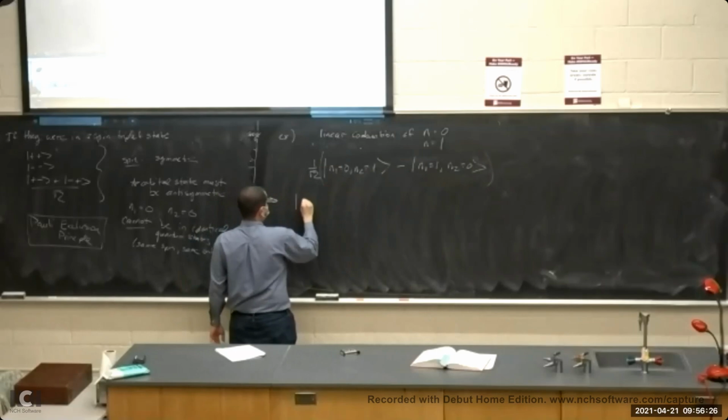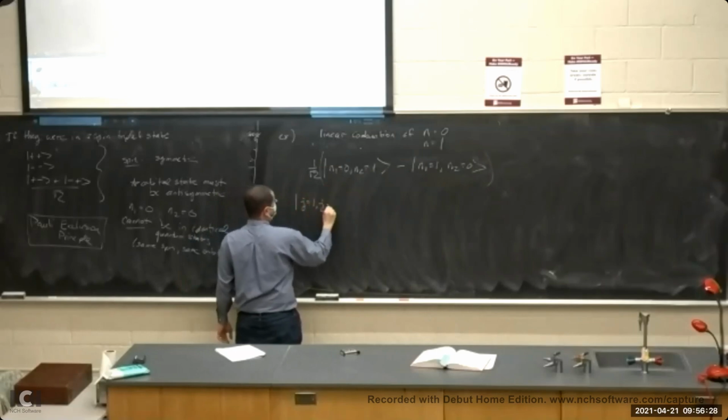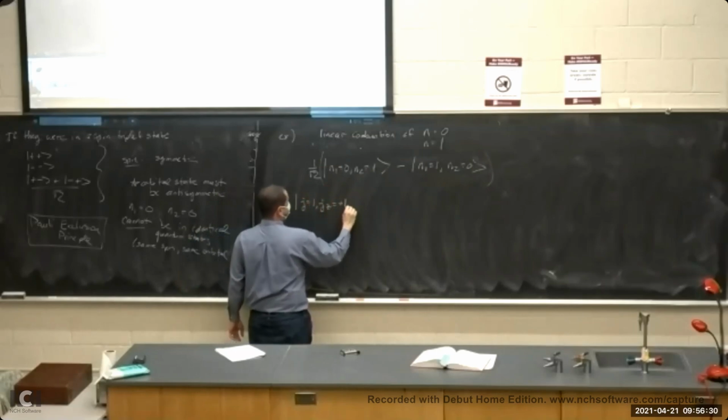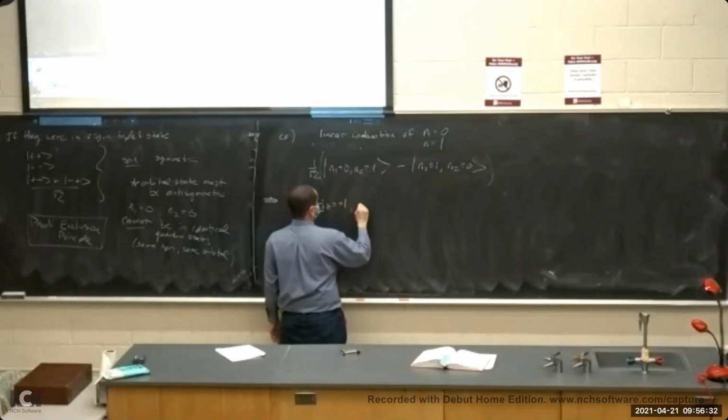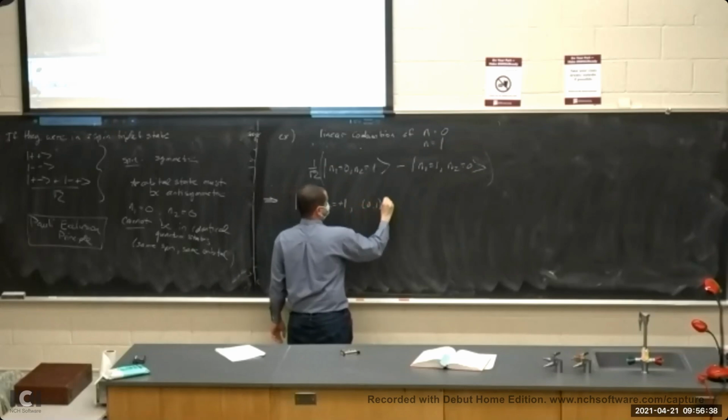let's see, the J equals 1, JZ equals plus 1 state, and then an anti-symmetric combination of 0 and 1. Let me note this as 0, 1, anti-symmetric.